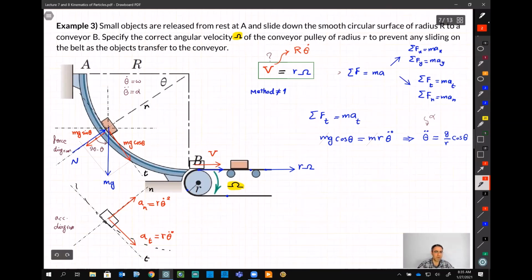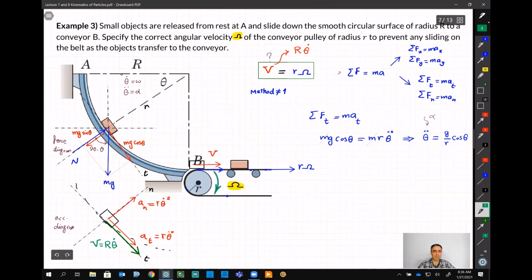Let's come here. Forget this conveyor. This particle moving on this circle has a circular motion, right? And when it has a circular motion, we said it has two accelerations, as you saw, and also it has a velocity. And velocity is always tangent to the path. So if this is our velocity, v is equal to big R multiplied by theta dot.